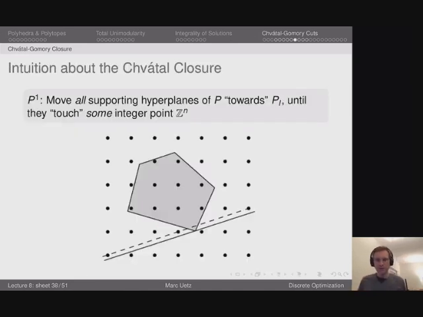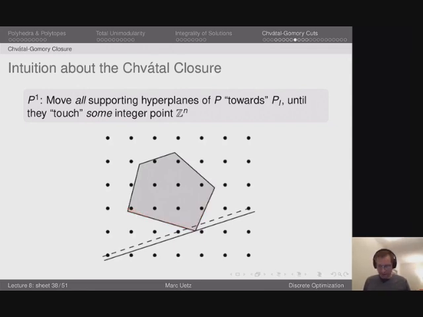So intuitively, what happens when I compute the first Schwartal closure is the following. I consider all supporting hyperplanes of the original description of P, and I move them towards the integer hull until they touch some integer point. So if you look down here in this example, for instance, the original inequalities were these two.